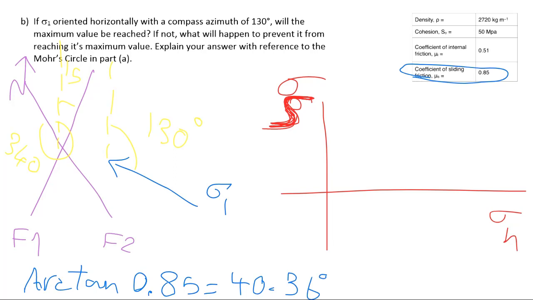So you take your protractor, put it at the origin, and draw a line like this, and the angle of this line is 40.3 degrees. Now I have my failure envelope, right? Let's keep that one that way, and I know sigma 3 is 40 megapascal.